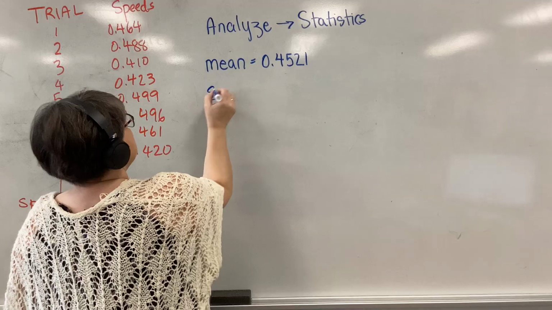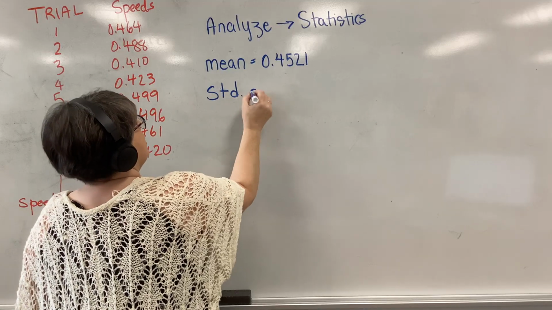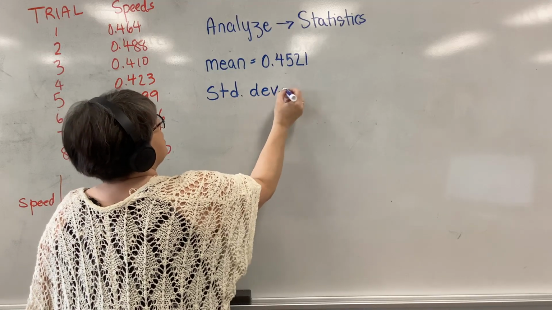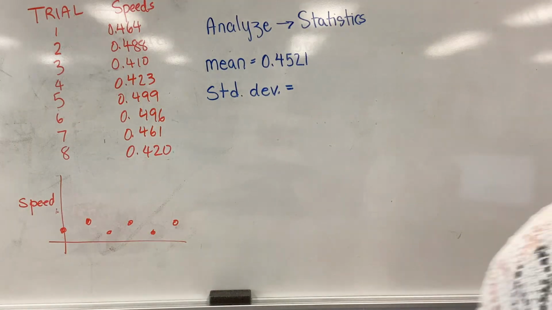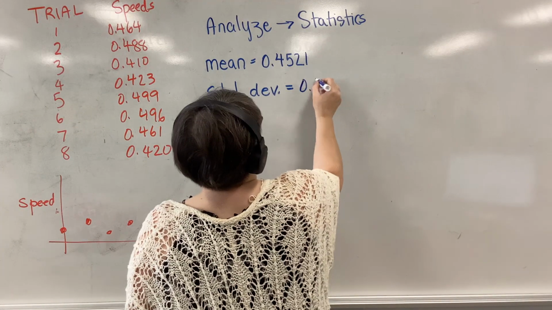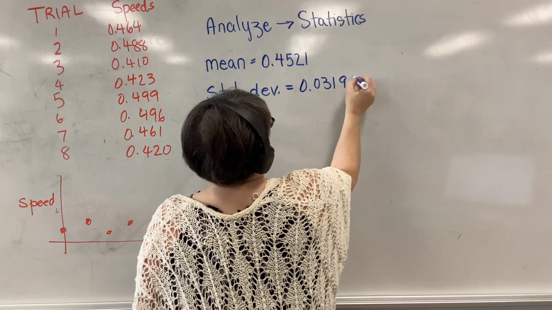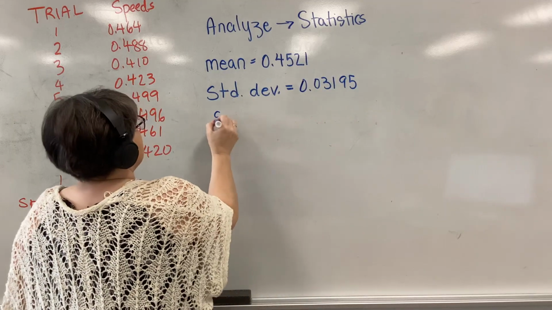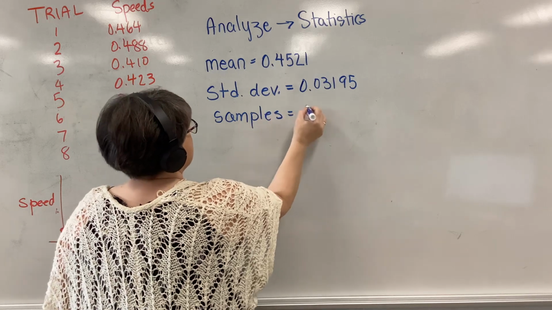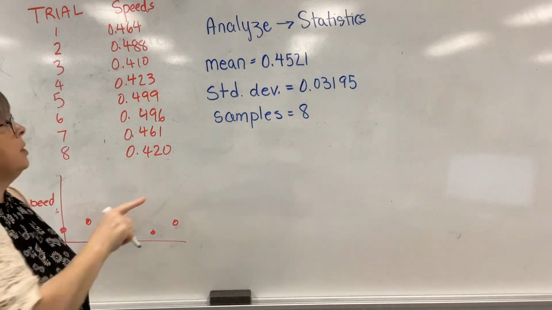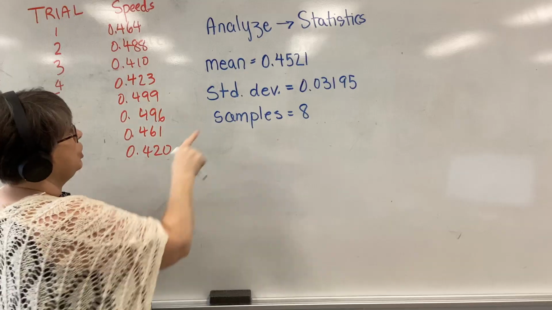And the standard deviation, that's labeled stand dev. The standard deviation will be 0.03195, for example. And then the last thing will be the samples. That's how many points you had. That's 8 points.